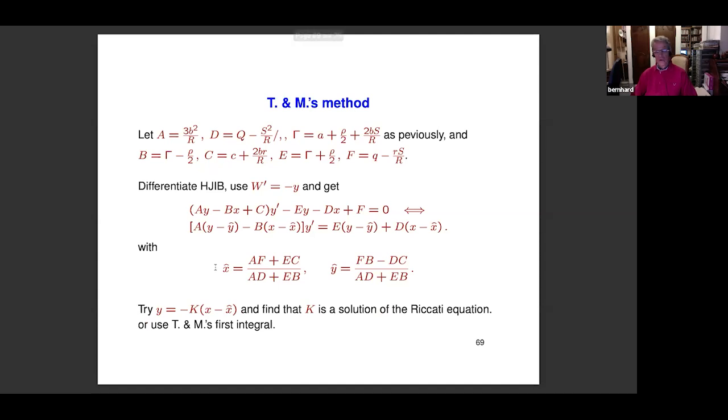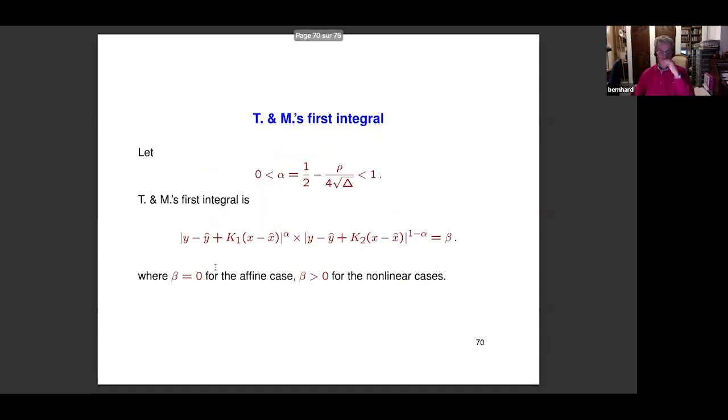And so you can try the affine solution, and you can try the non-affine solution, the Tsutsui and Mino's first integral, which is this thing, where alpha is a number between 0 and 1, and it is exactly this, 1/2 minus 1/4 of rho over square root of delta.